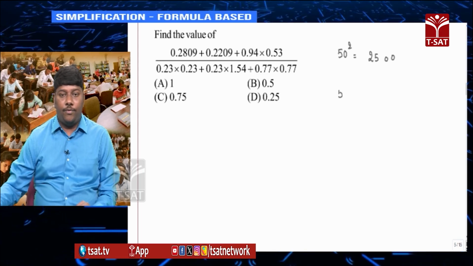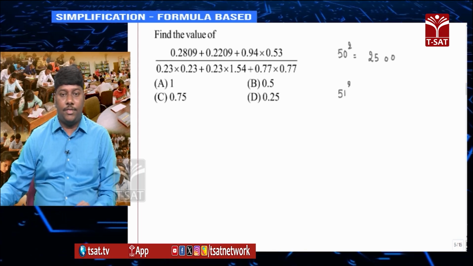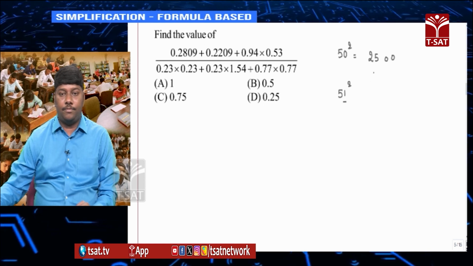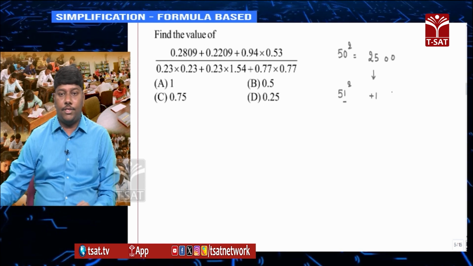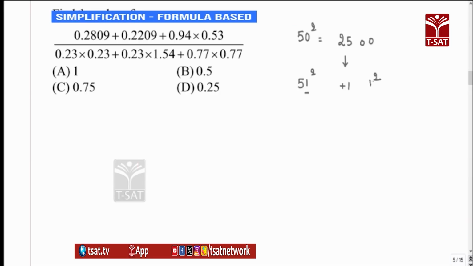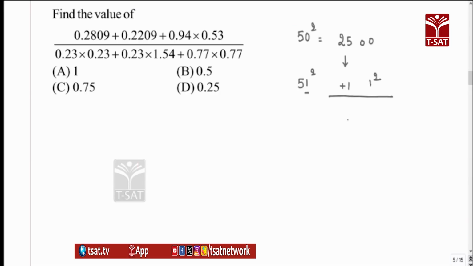When I ask you 51 square, you simply add this 1 to 25, and 1 square to this 00. Therefore, it becomes 2601.